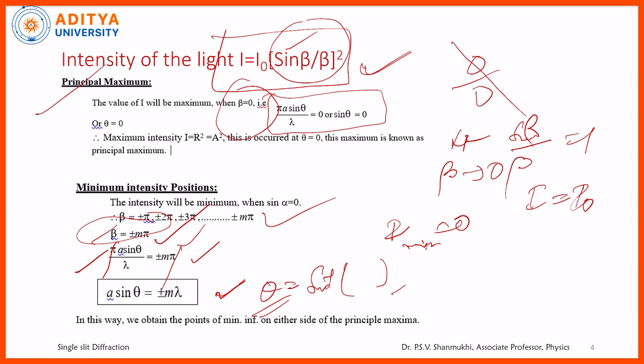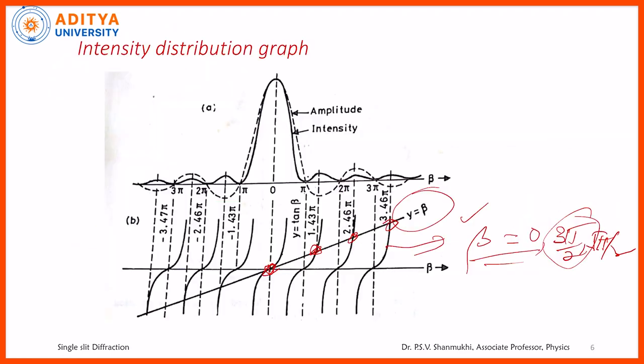Now coming to other values, 3 pi by 2 means 1.5 pi. But practically, instead of 1.5 we get the values at 1.43 pi, 2.46 pi, 3.46 pi. These are the intersecting points, that's why we get the maxima positions.